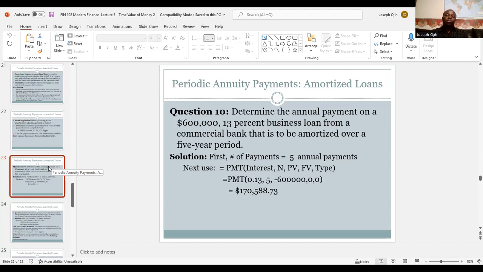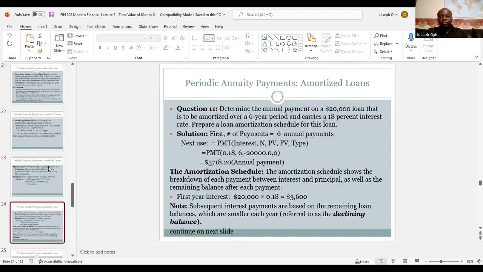Now we're going to turn our attention to how to calculate or prepare the amortization schedule. This question will help us do that.